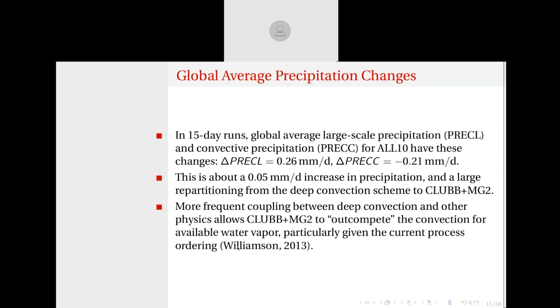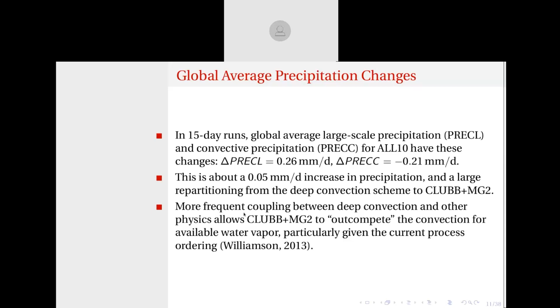So we already have this previous study talking about how more frequent coupling between deep convection and the other physics, not really the time step of the deep convection itself, but how often it's coupled to the large-scale condensation and to the dynamics.